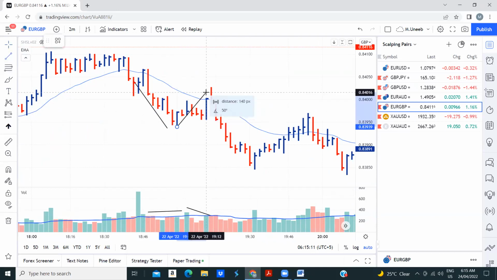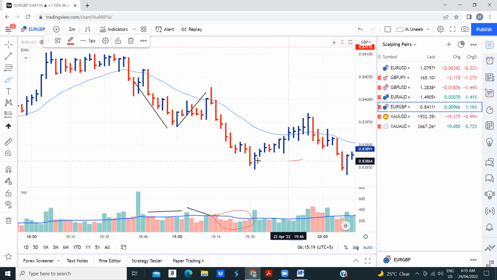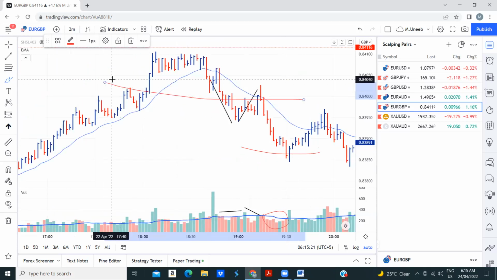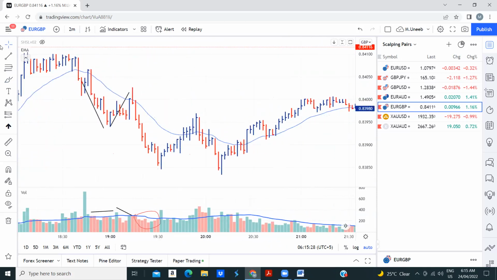We have consistent low volume, consistent high volume here. As the price goes up, now we have increasing and decreasing volume.